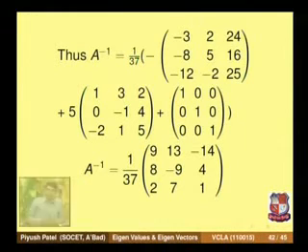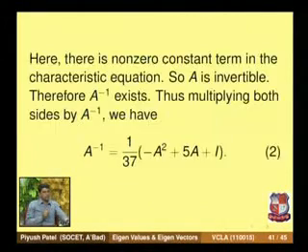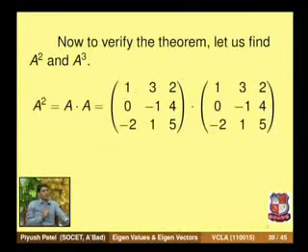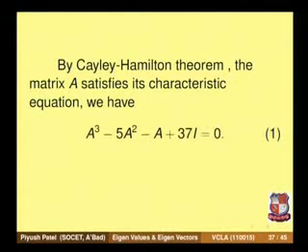What are the basic steps for finding A inverse? Whatever the characteristic equation you get, here in our case it was this one. In place of lambda we substitute matrix A, and make a matrix polynomial equation.